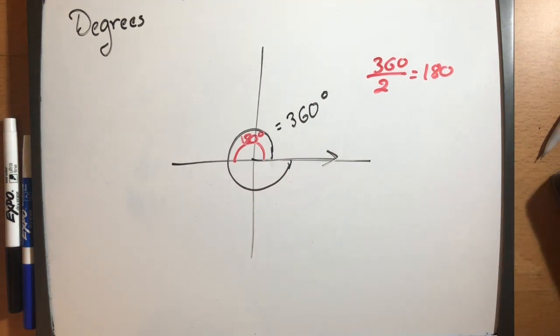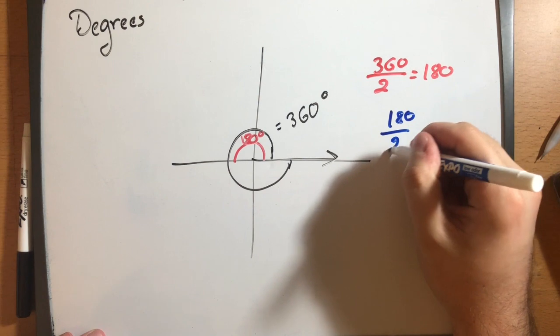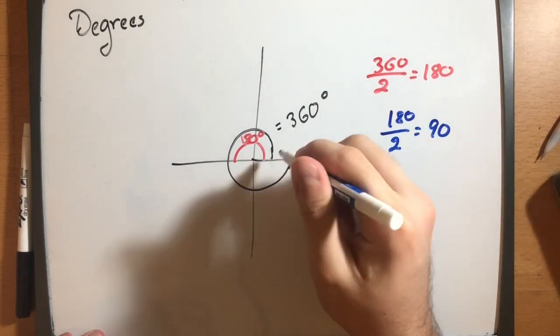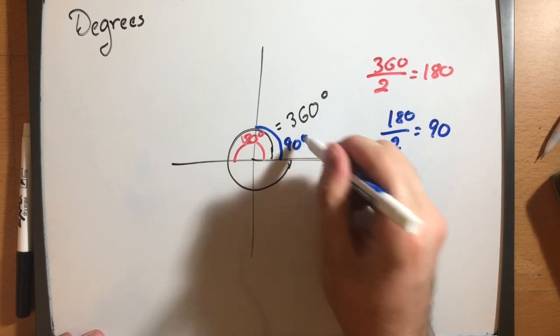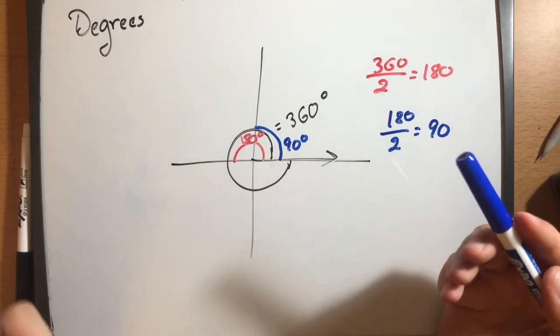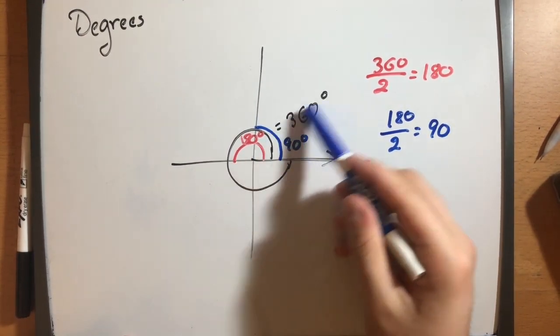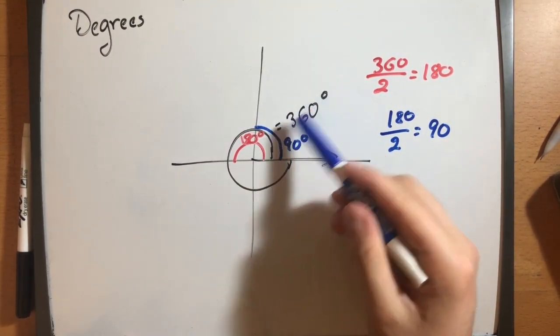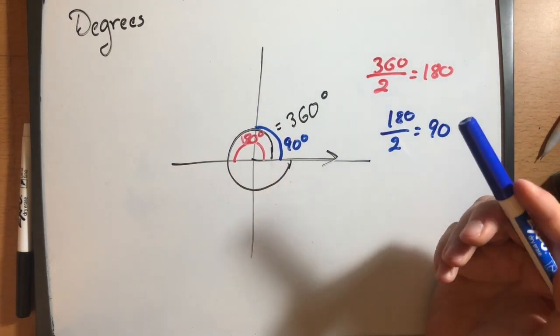But then what's half of 180? Well, half of 180 is 90. So this quarter revolution is 90 degrees. And so on and so forth. Again, 360 is highly divisible. If we divide 90 again, this half of 90 would be 45 degrees. And so on and so forth.